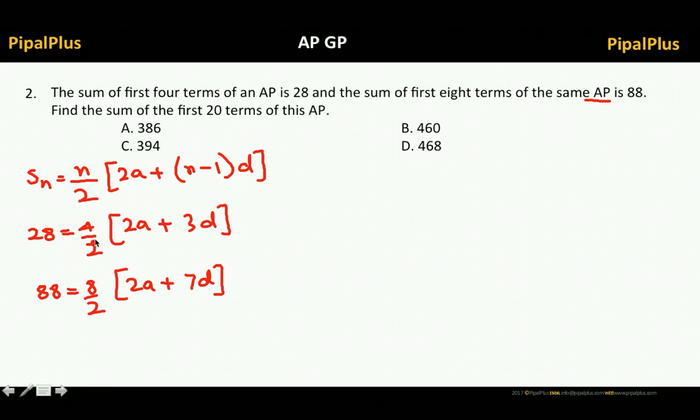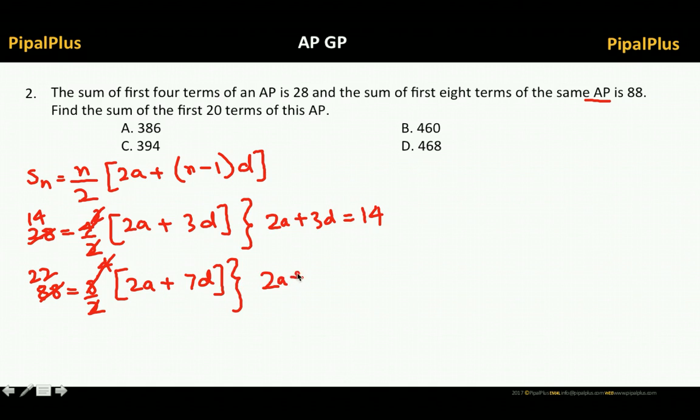So this is 2 and 14. This is 4 and 22, right? So from the first equation we get our first linear equation, 2a plus 3d equals 14. From the second sum we get 2a plus 7d equals 22.